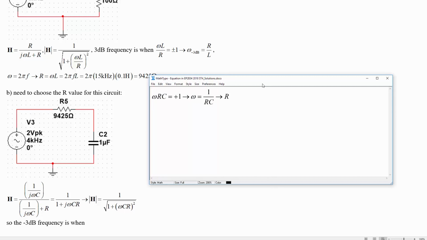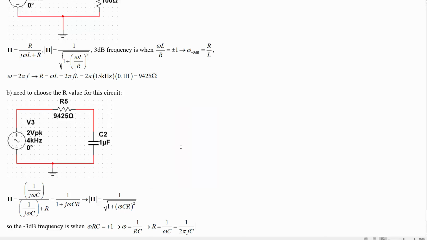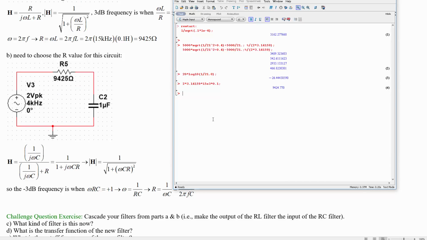In this case, we're better served solving for R. R is equal to 1 over omega C, which is 1 over 2 pi f times C. Substituting in what we've got: 1 over 2 times 3.14159 times 15e3 times 1e-6 for 1 microfarad. To make this filter work, we need a resistor value of 10.6.